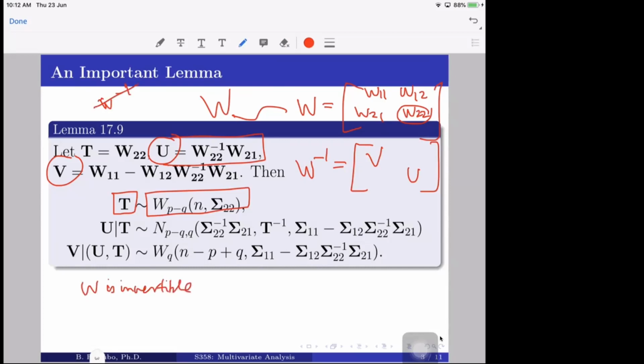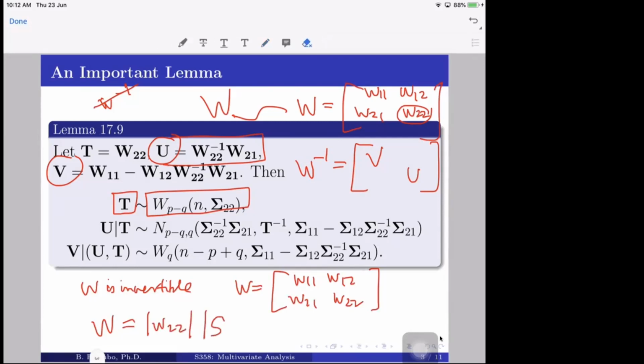If W is invertible and W is W11, W12, W21, W22, then W can be written as the determinant of W22 times W11 minus W12, W22 inverse, W21.